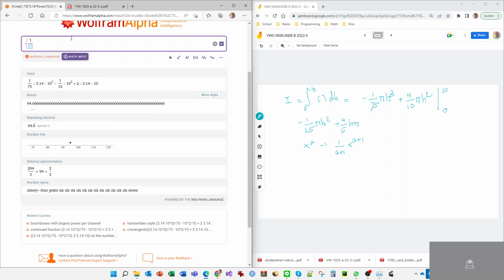Minus 1/75 times pi times h cubed, which is 1000. 4/10 is 2/5, which is 0.4, of course, times pi times 100.